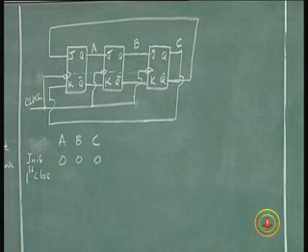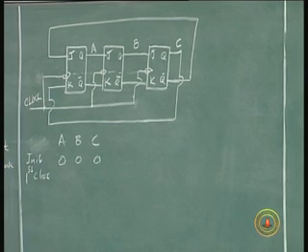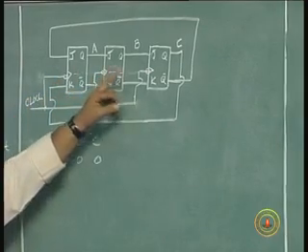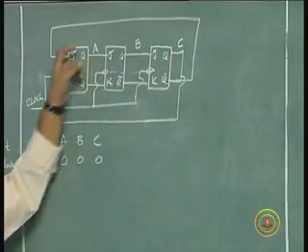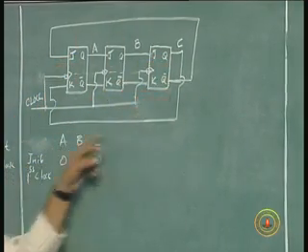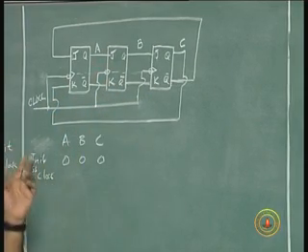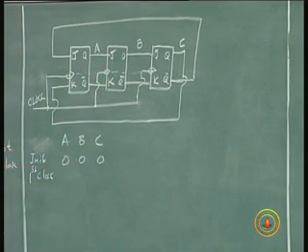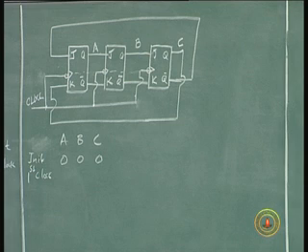I put 0 0 0, I shift it, one clock pulse shifts this 0 into this, this 0 into this, and this 0 not back into this, but this 0 is connected here in this one. So after the first pulse, the pattern will be 1 0 0.